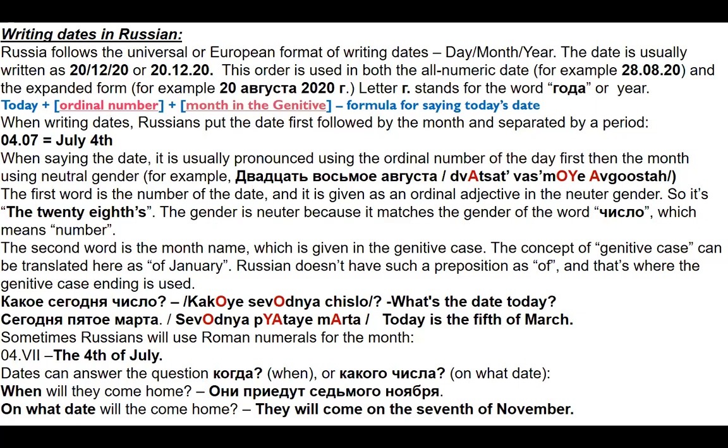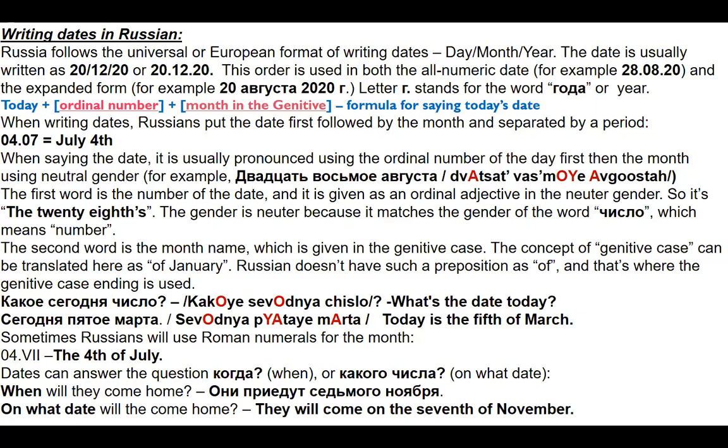Dates can answer the question когда, when, or какого числа, on what date. For example, if we ask, when will they come home? Когда они приедут? The answer: они приедут 7 ноября. They will come on the 7th of November.